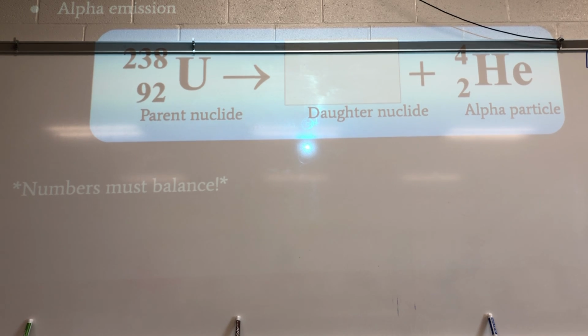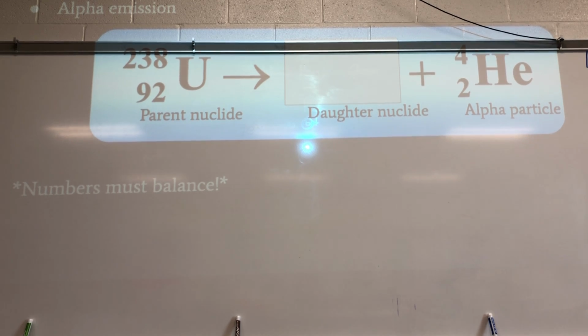When we lose an alpha particle, we've just lost protons. What do protons mean to an atom? When you lose protons, you change the element to something new, and that's what we're trying to figure out in these problems: what is it turning into.